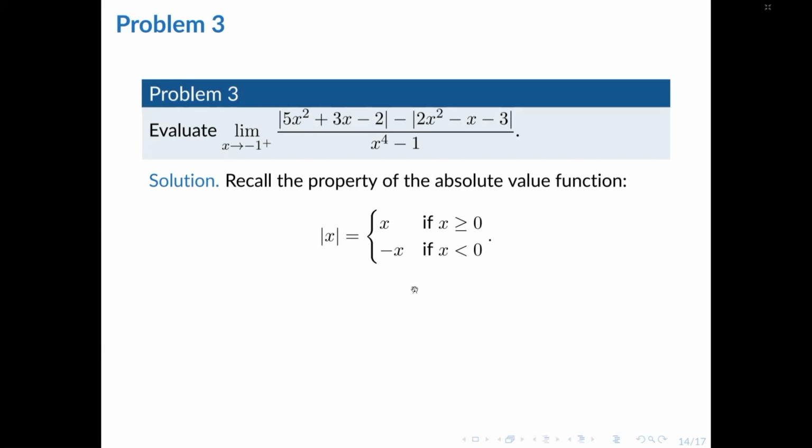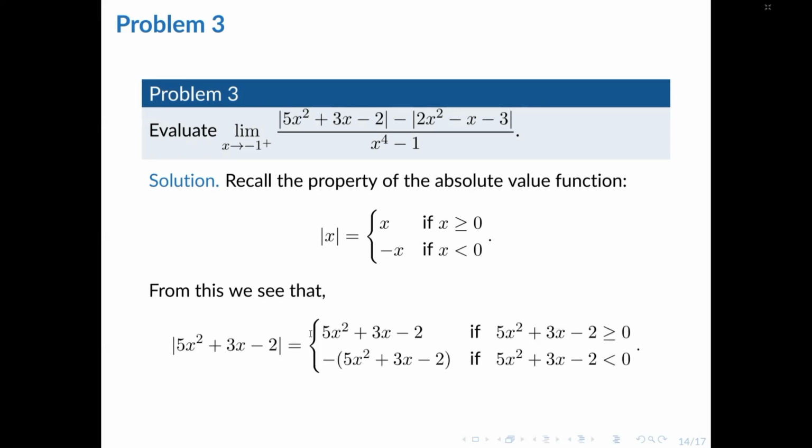These are concepts that you should know from junior high school. So from this, if we use this property on the problem above, we get the absolute value of 5x squared plus 3x minus 2 to be equal to this piecewise function.